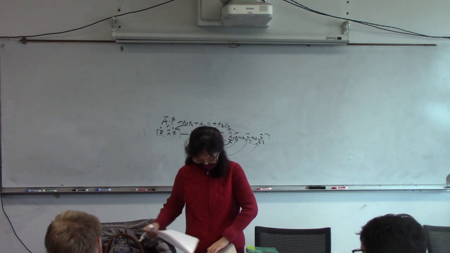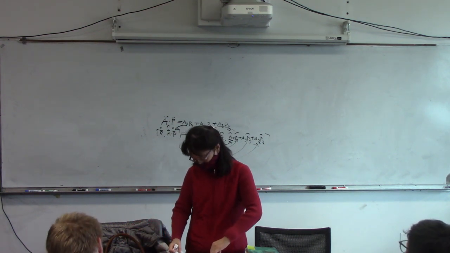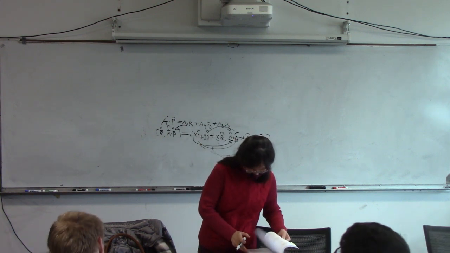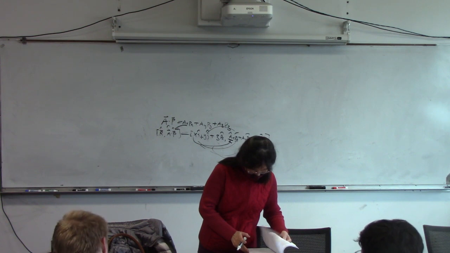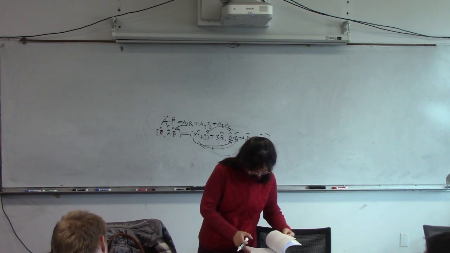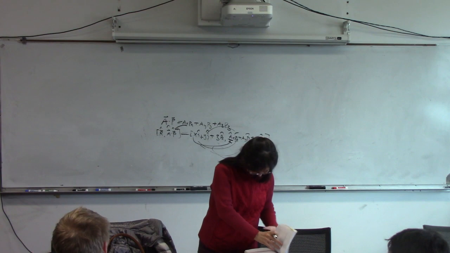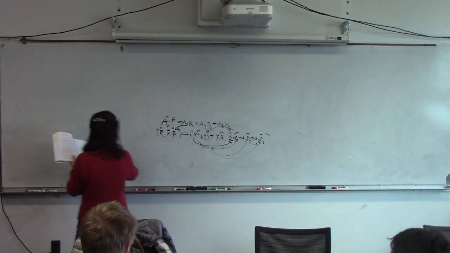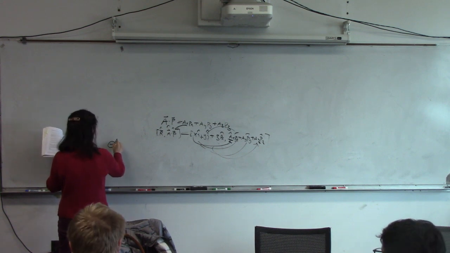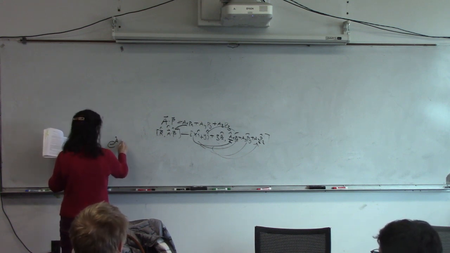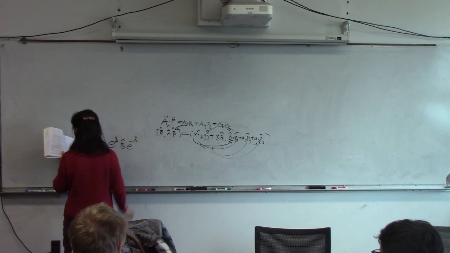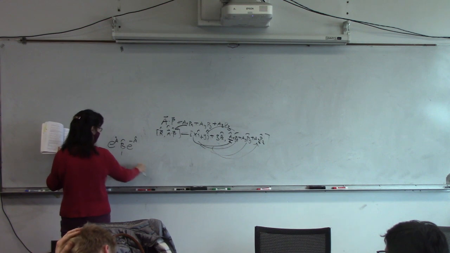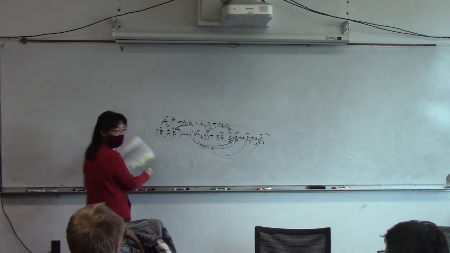So you have the exponential of A, and operator B, exponential of minus A. So this one is your U, right? Sorry, which one is your U?